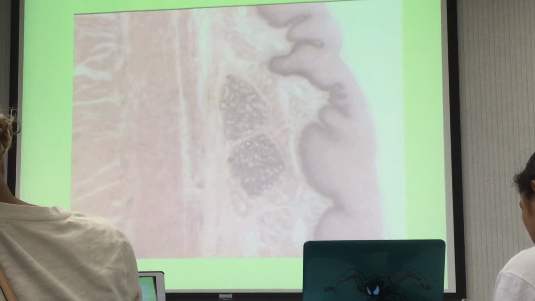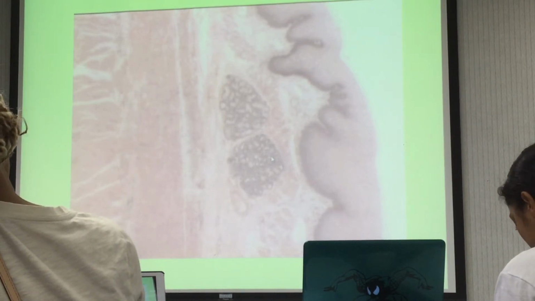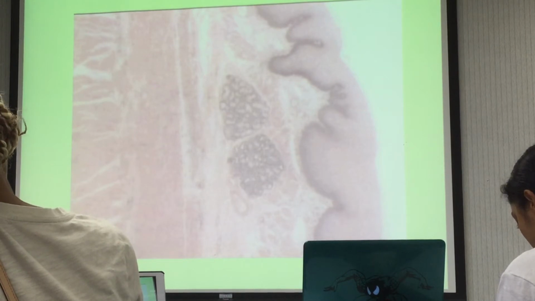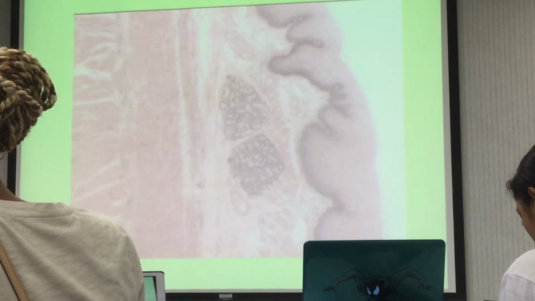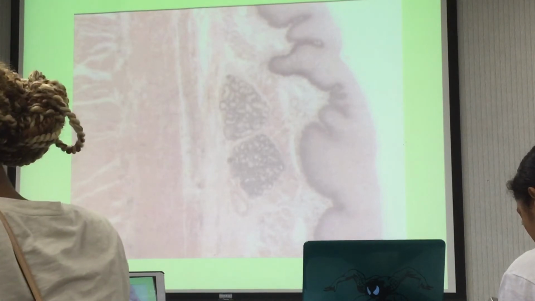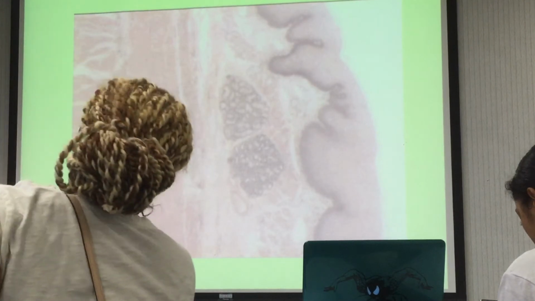Okay, what are those things? Good job. There are 2 places where you see glands in the submucosa region. What are those places?